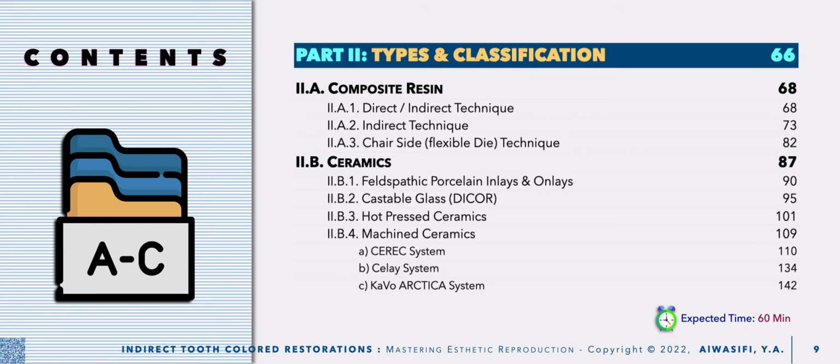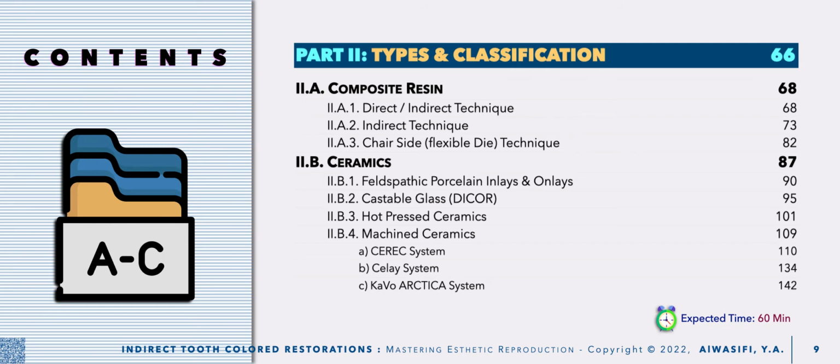Already we discussed the different techniques for composite resin construction of indirect tooth colored restorations, either by direct indirect technique or complete indirect technique or chair side technique. And for ceramics we used either feldspathic porcelain inlay and onlay, the old default one, and we used lost wax technique to ensure accurate marginal fitness, either by castable glass dichroic or hot pressed ceramic.